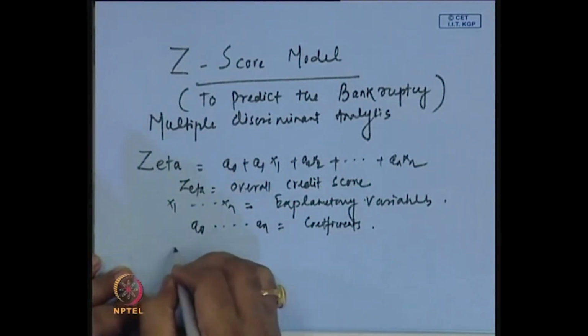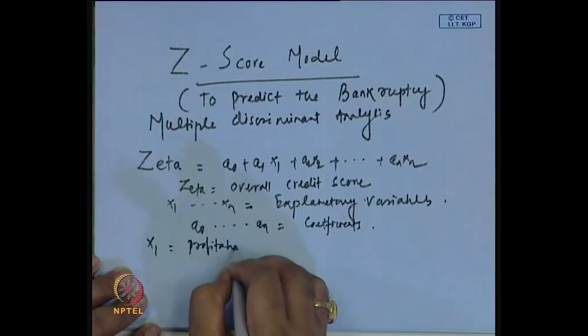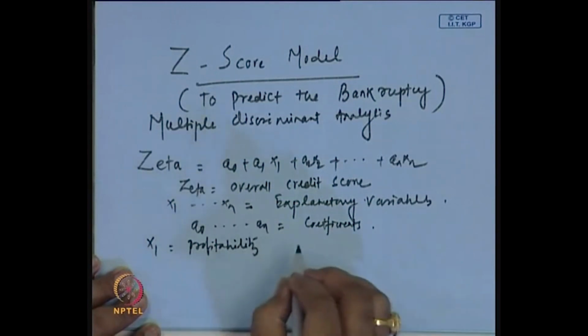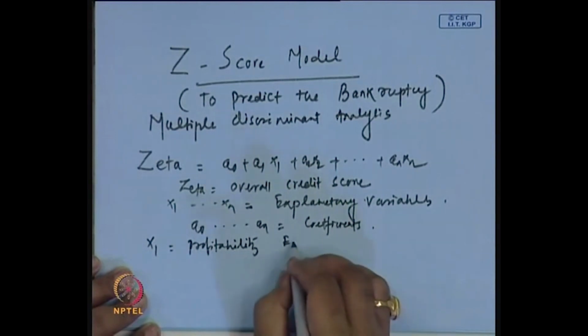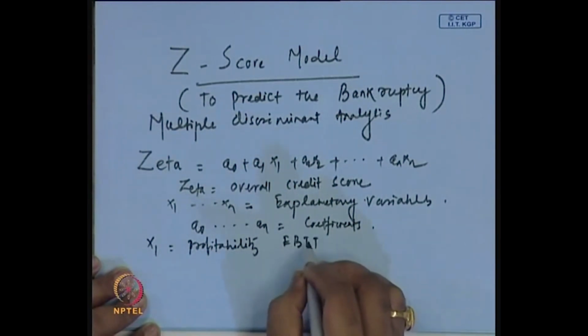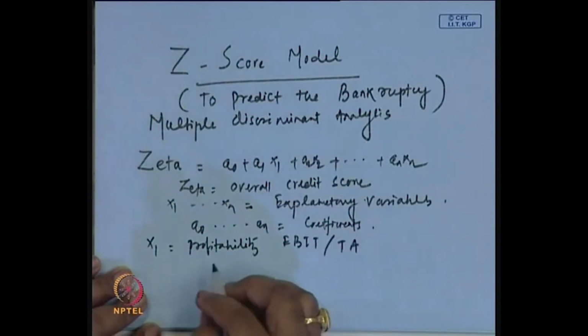He said the major explanatory variables are, first, profitability of the company, which he referred to as earnings before interest and tax divided by total assets.